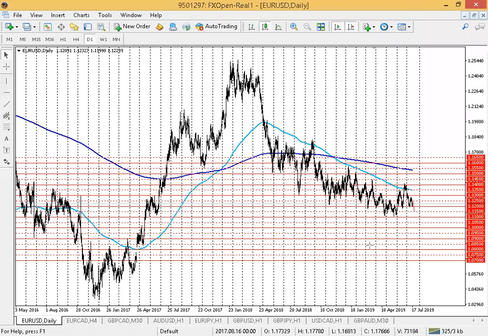That's pretty evident in the decline that's been occurring. So it's very difficult for us to get any significant pips in the market if all we're trying to do is buy.